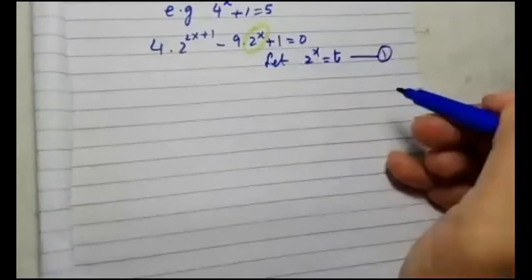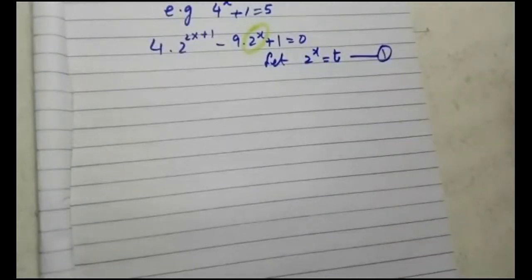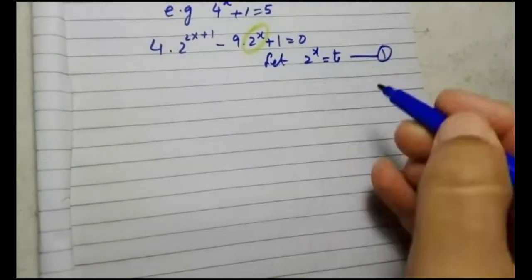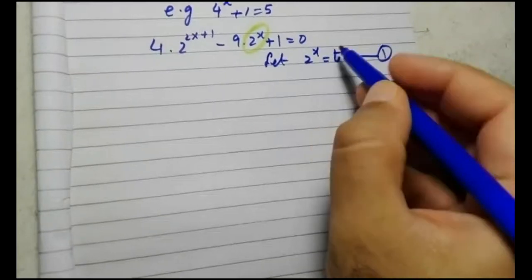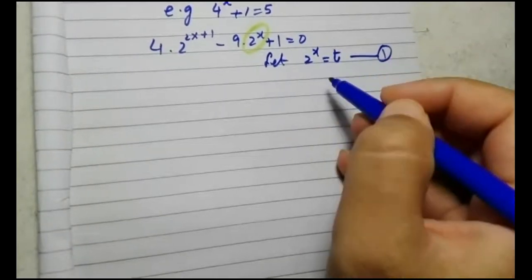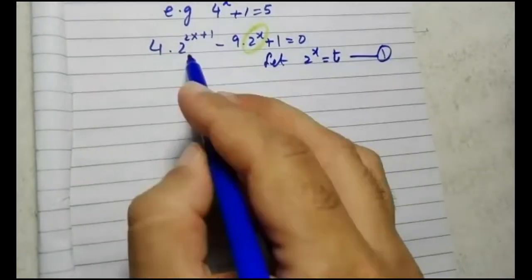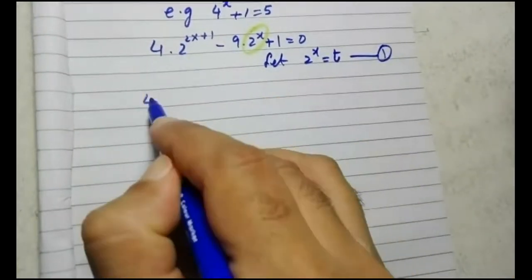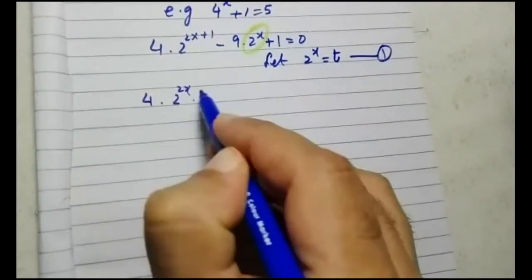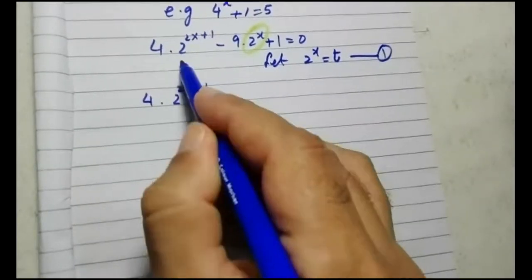So what will you do? You will take up the terms and then solve it. For example, 2 raised to power x is equal to t. Then you have to separate the term 2 raised to power 2x dot 2 raised to power 1. This step is important, how I performed it.